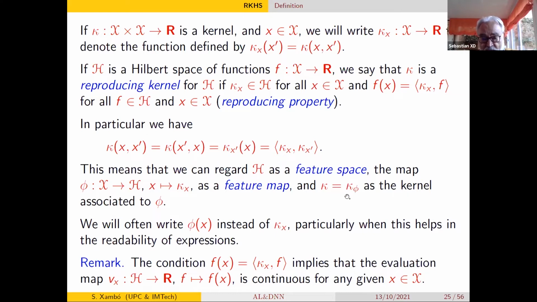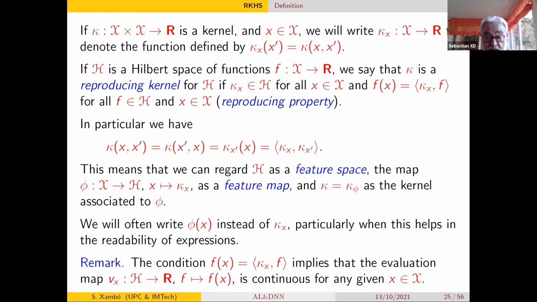Kappa is the kappa sub phi in the sense of the pullback I said before. We will often write phi of x instead of kappa x, particularly when this helps in the readability of the expressions that we are going to encounter.